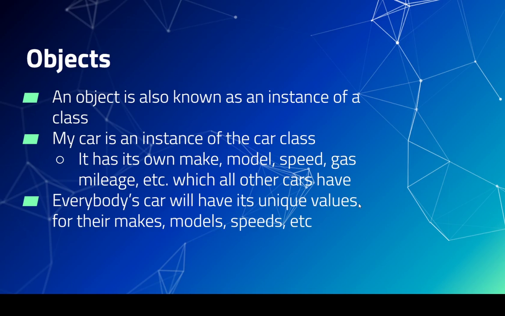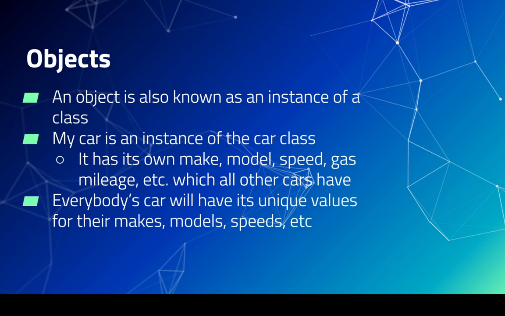Now objects are also known as an instance of a class. That's the more formal definition, more formal name. So let's say I have a car. That car is an instance of the car class, right? It has its own make, its own model, its own speed, its own gas mileage, its own drive method, everything.